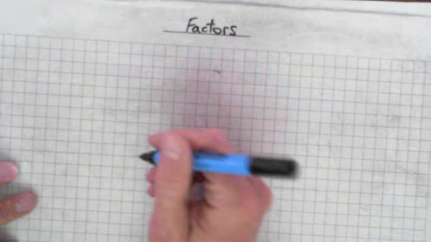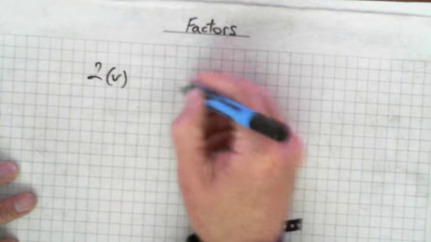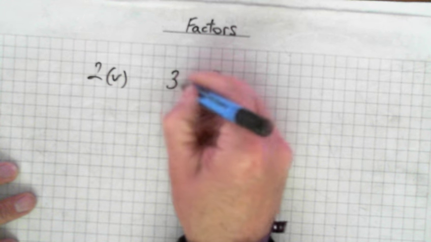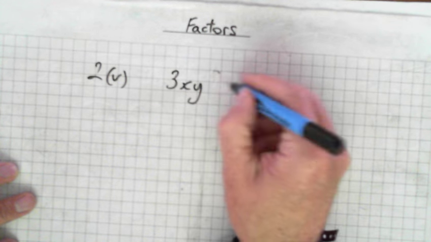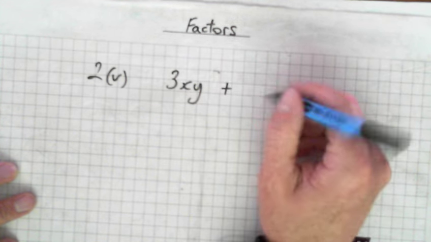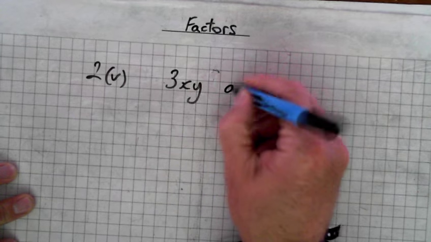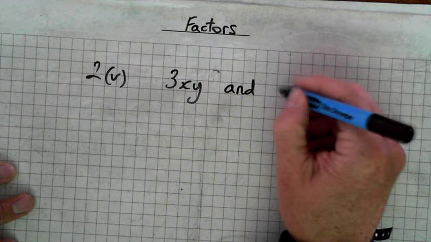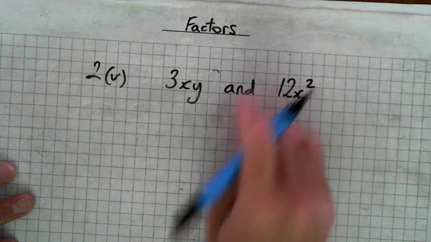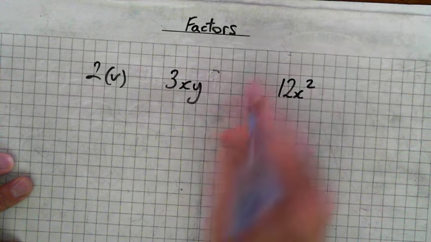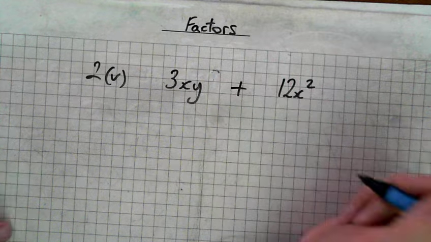Right, we'll take another example. This is question 2 part 5. 3xy plus 12x squared. What's the highest common factor? In the book it says 3xy and 12x squared, but and is plus, isn't it?